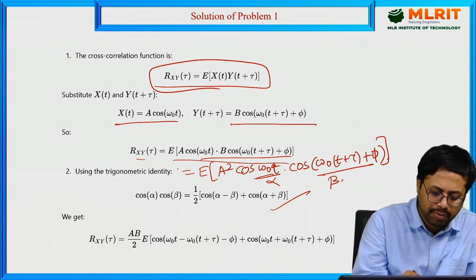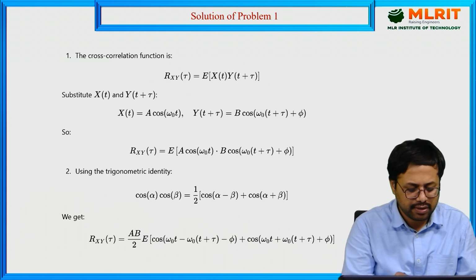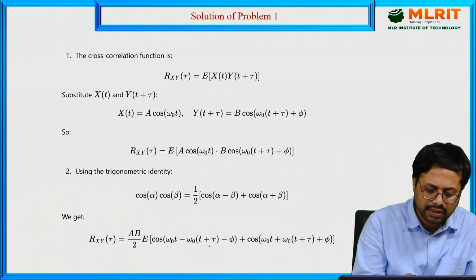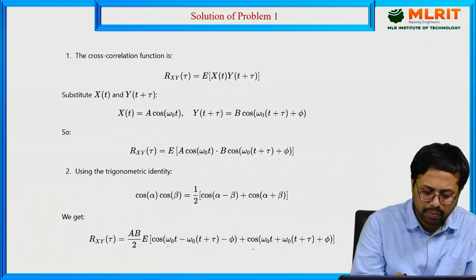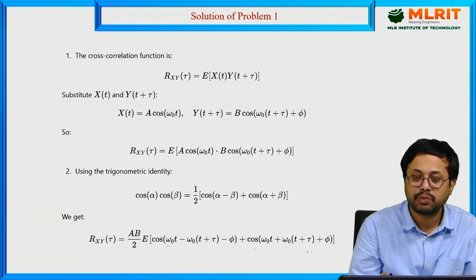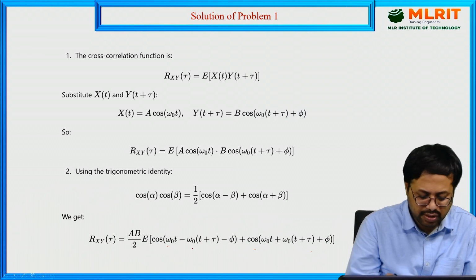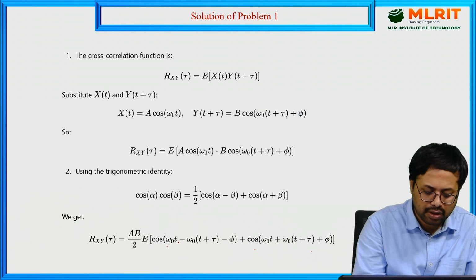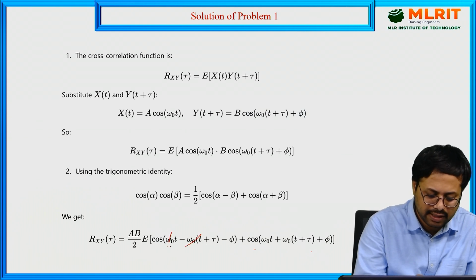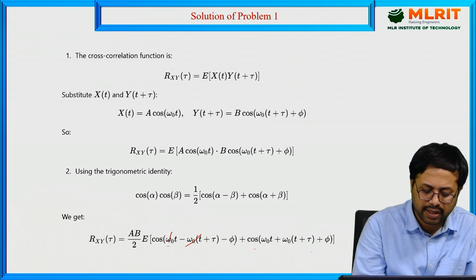AB by 2 is a constant term, then cos of a minus b plus cos of a plus b. You apply the terms alpha plus beta and alpha minus beta and simplify it. Then the t terms will get cancelled, and you will get cos of minus omega naught tau minus phi.